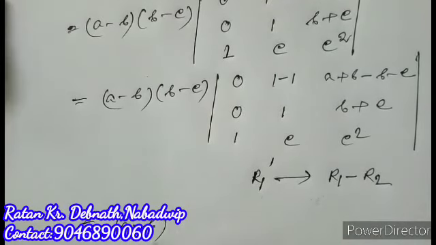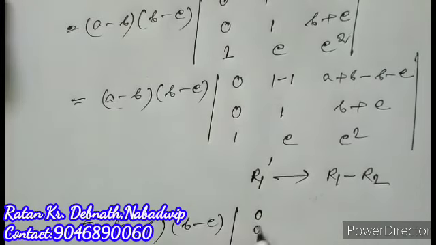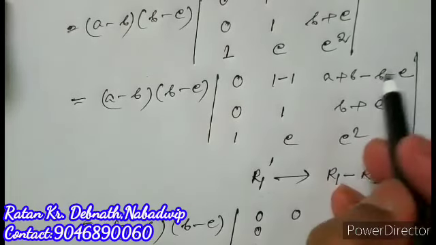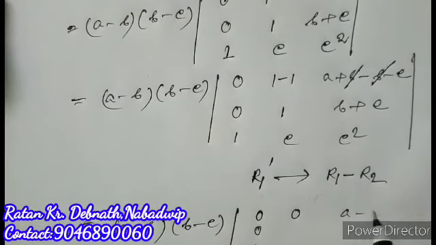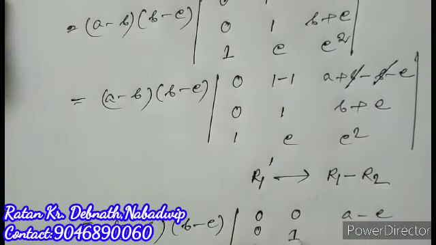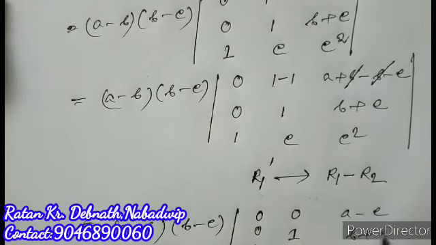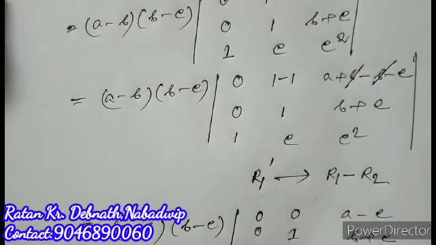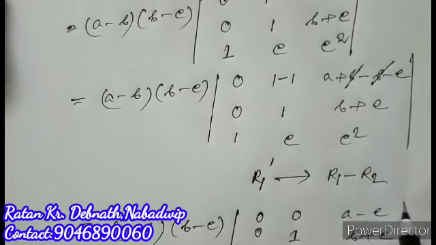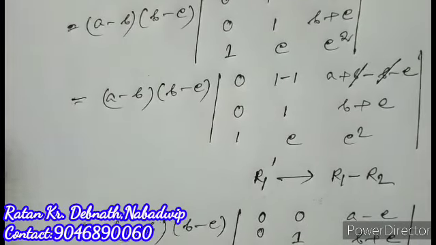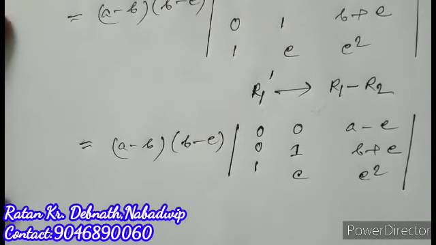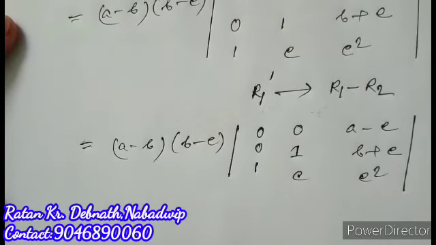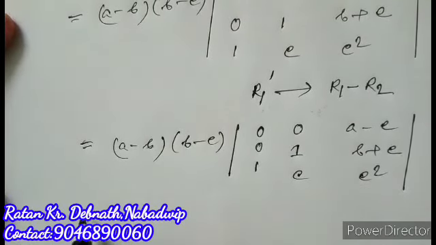A minus b, b minus c; 0, 0, 1, 0; a minus c, 1, b plus c; c square. Now I can take common a minus c from the first row.